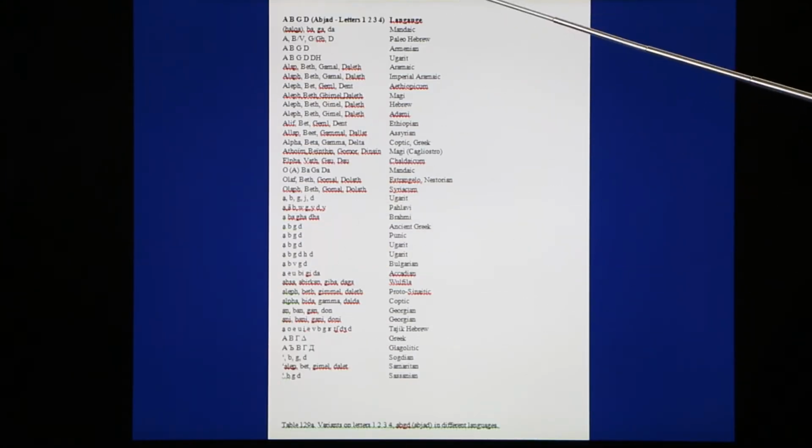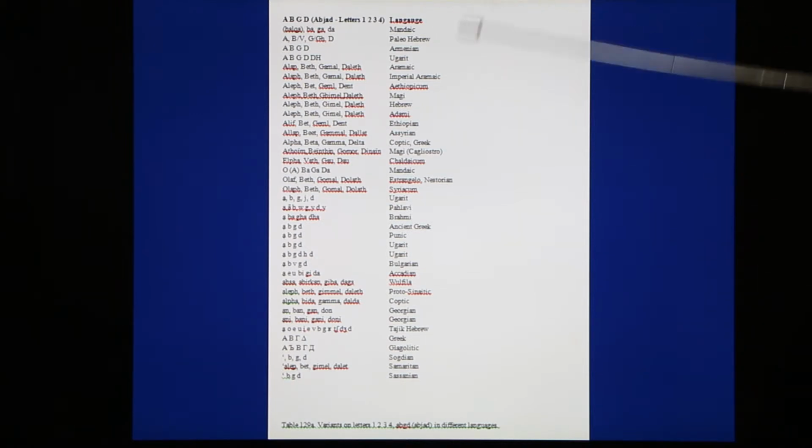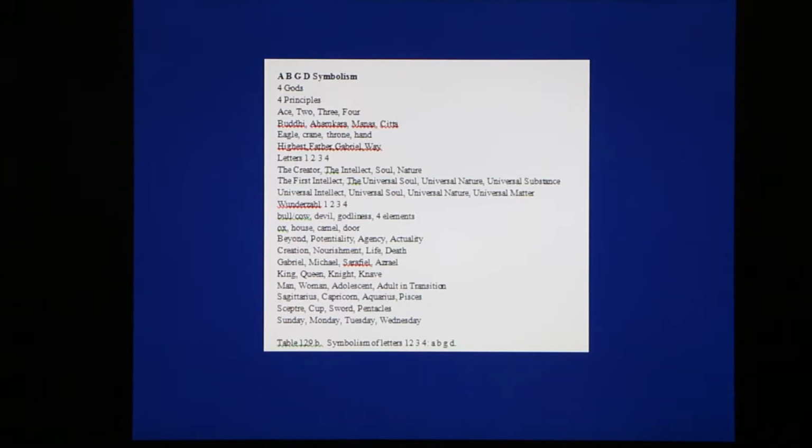Just come back one second. These are now the major alphabets that it's involved in, not 3 or 4 as the wiki people would like to tell us, but in fact this extraordinary number. And these are some of the symbolisms of that.